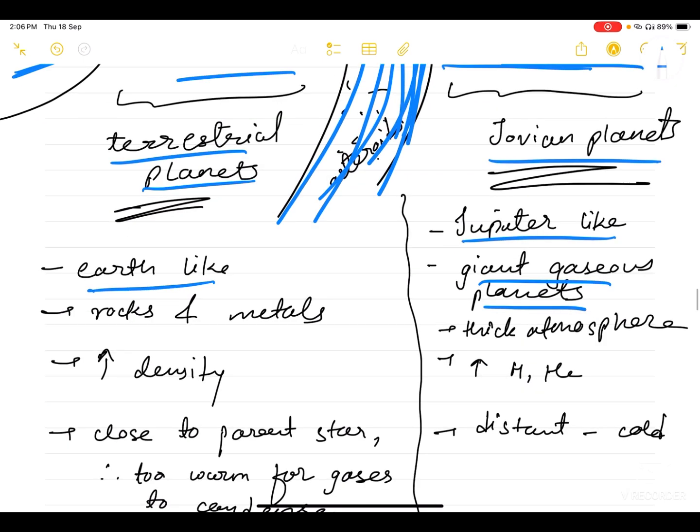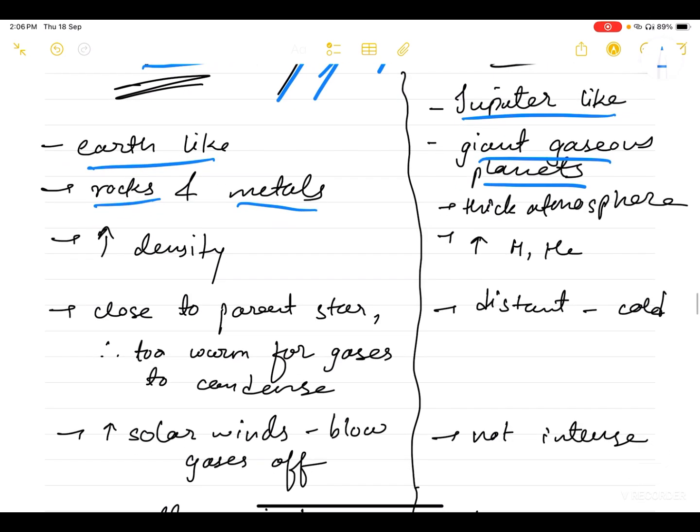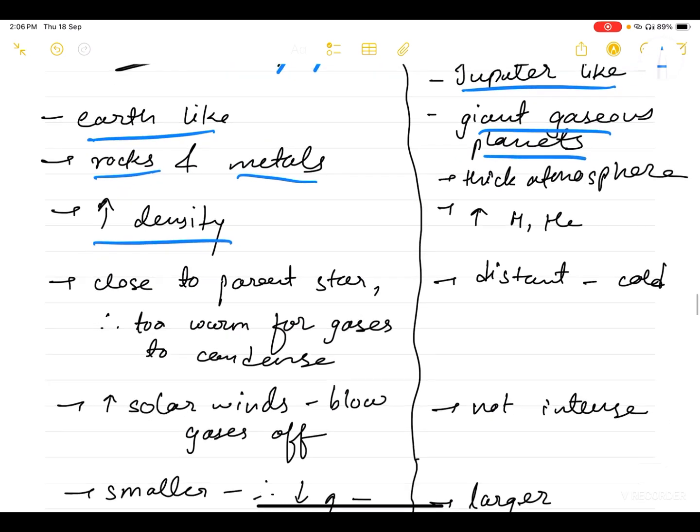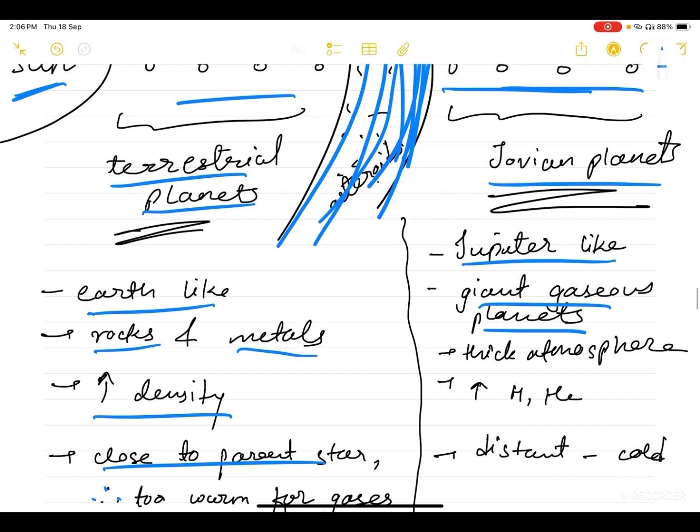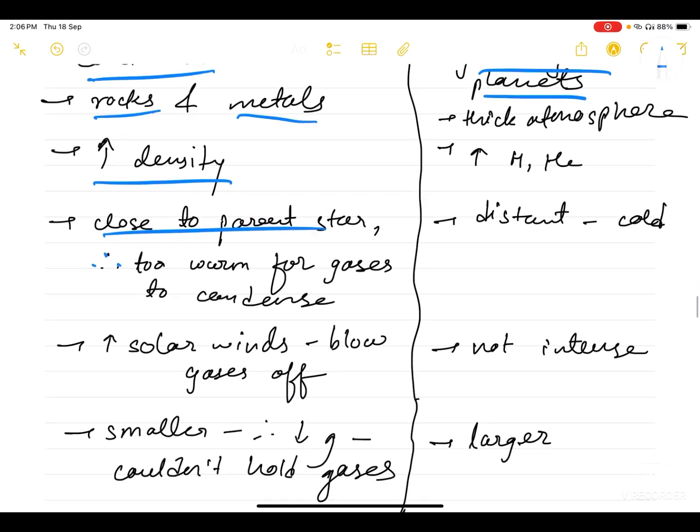Terrestrial planets have heavy elements like rocks and metals. They have high density, and as they were closer to the Sun, they had higher temperature and were too warm for gases to condense.